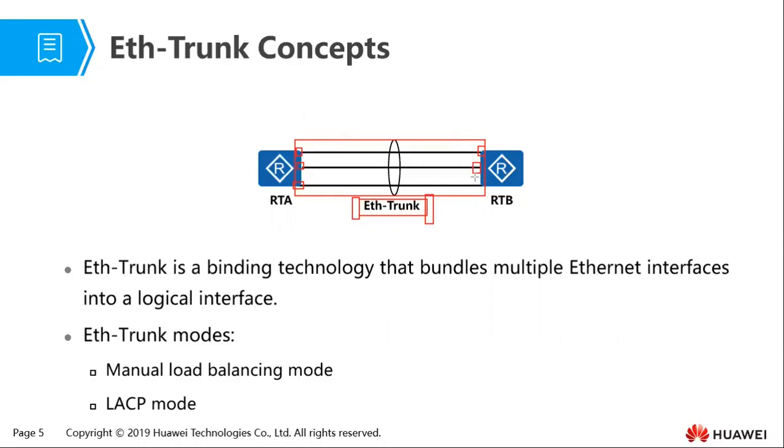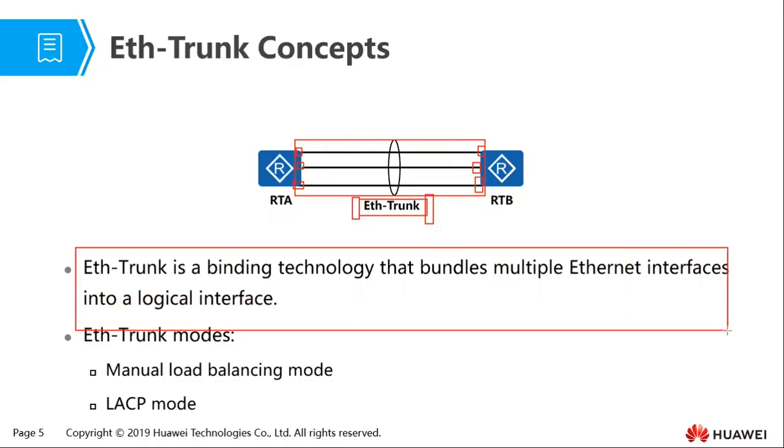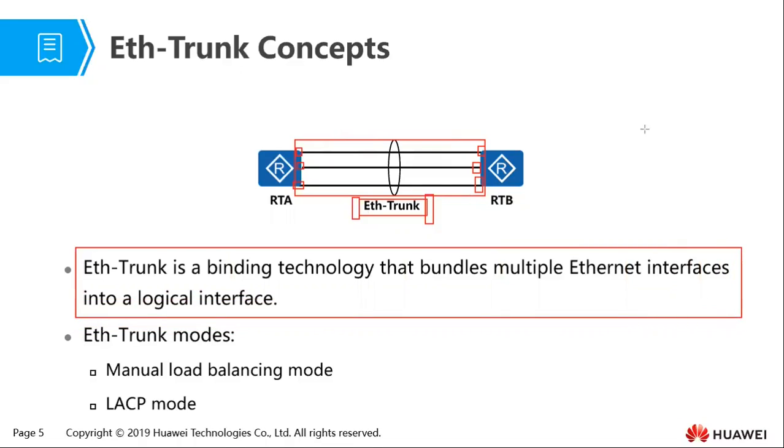So in total, you must have 6 IP addresses. But when you create an Ethernet trunk, by combining these 3 physical interfaces, you only have 2. You see, it really saves IP addresses. So Ethernet trunk is a binding technology that bundles multiple interfaces into a logical interface.